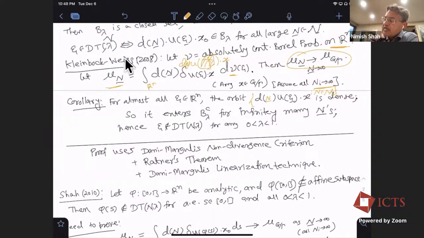In particular, it will enter B lambda complement, which is an open set, infinitely often, for infinitely many n's, because somehow this is getting equidistributed in G mod gamma.